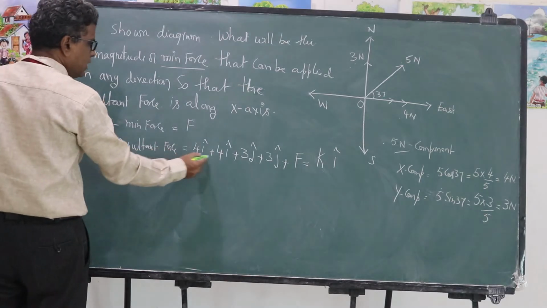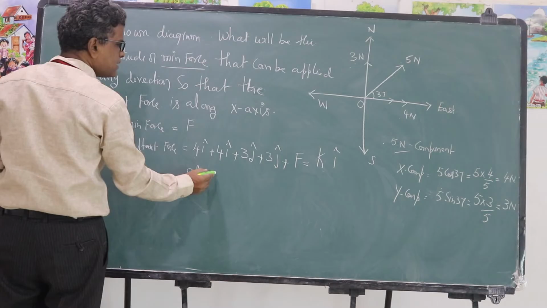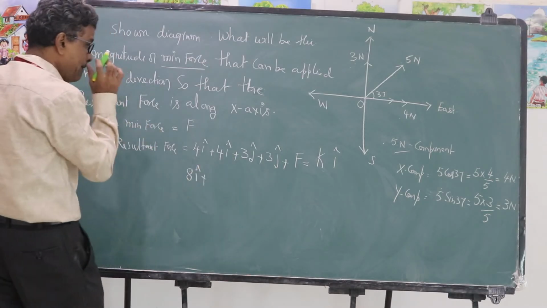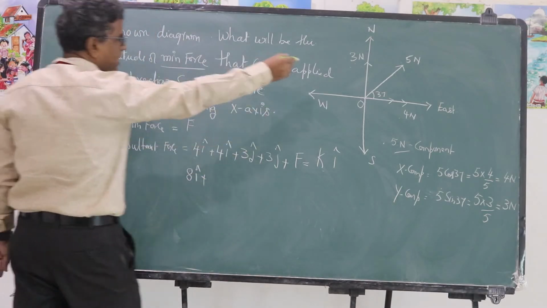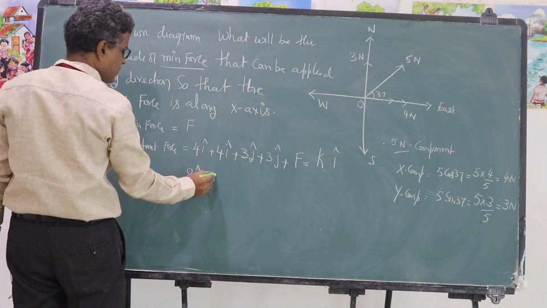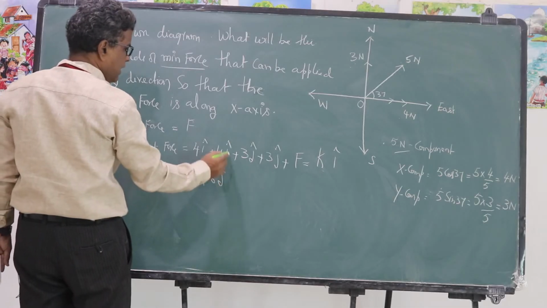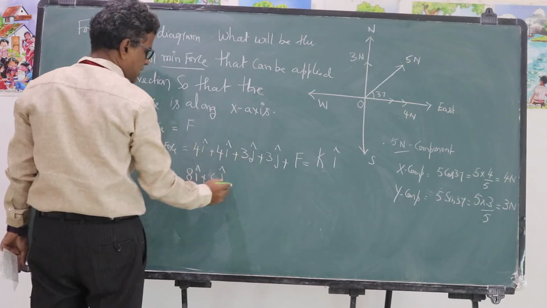So what you will get: 8 i cap, here is also 5, 5 is also added, so that is 6 j cap. Add i cap to i cap, j cap to j cap.